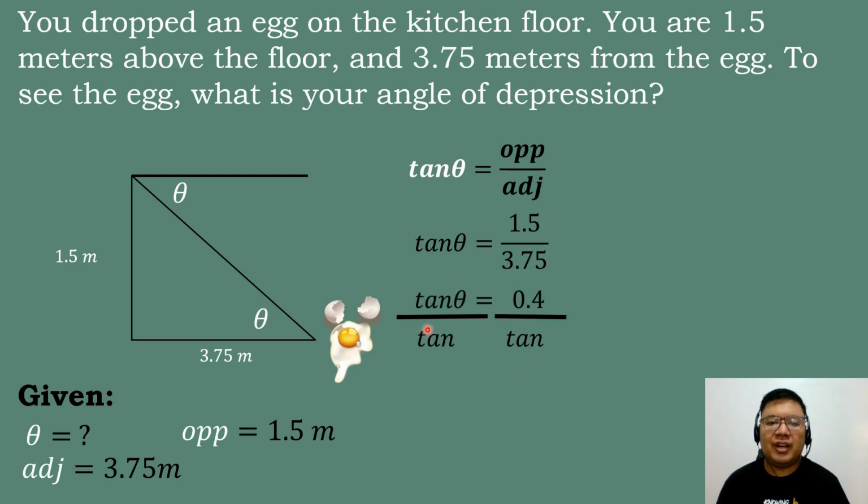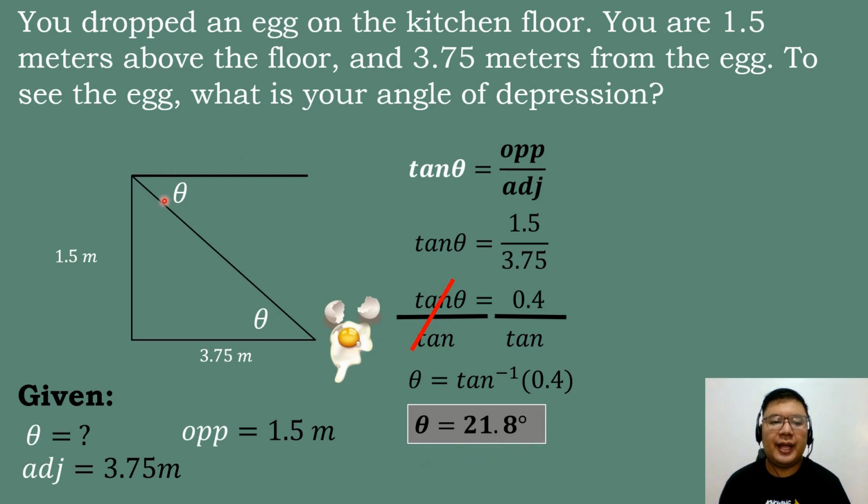And then we will divide this both sides by tan. So tan over tan will be cancelled out. And then theta will just be equal to arc tan of 0.4. Pressing this on our calculator, the answer will be equal to 21.8 degrees. Therefore, the angle of depression is equal to 21.8 degrees.